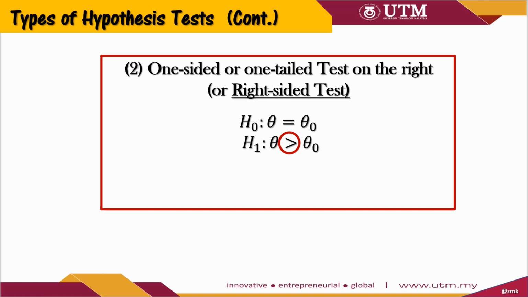Here the decision rule will be reject H0 if the chosen test statistic is greater than the right critical value at the level of significance alpha. Notice that for a right-sided test, we must use the whole alpha value for the right critical value of the underlying distribution from where the test statistic is defined. Use the whole alpha value instead of alpha over 2.